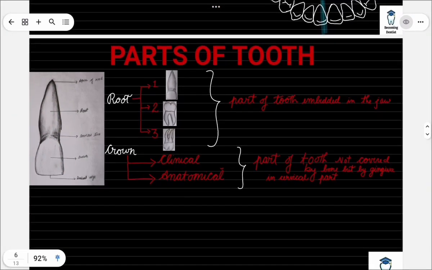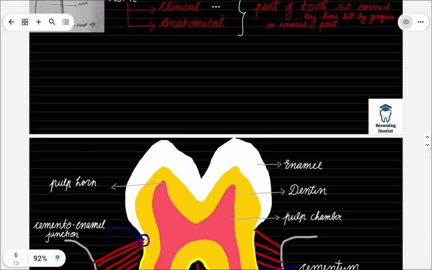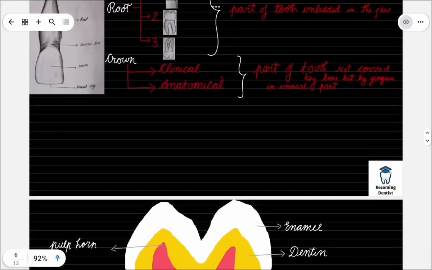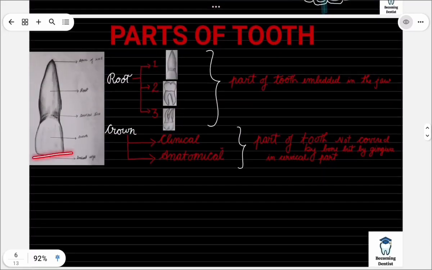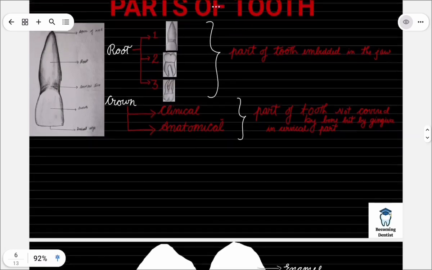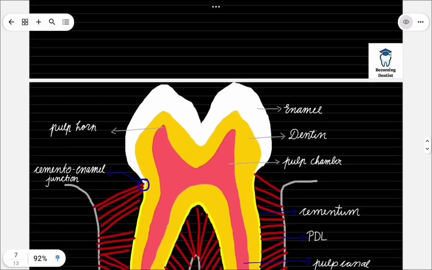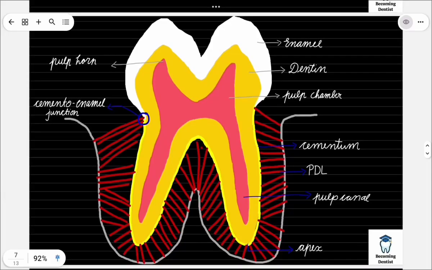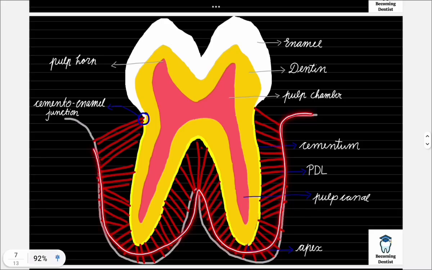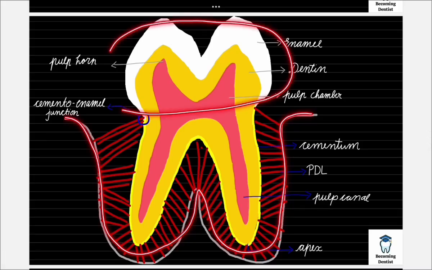Now, if we take the cross section of a tooth, see if this is the tooth, and if we cut it from over here and take a section, this is the inside of a tooth. As you can see, this is the alveolar bone into which the tooth is embedded. This is the anatomical crown.